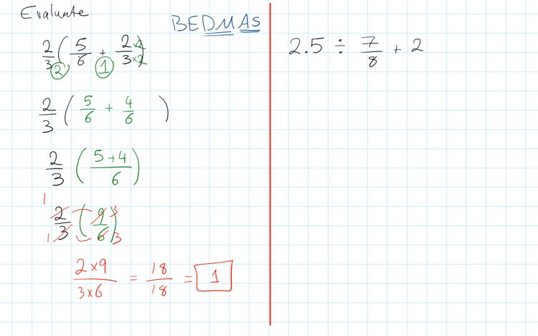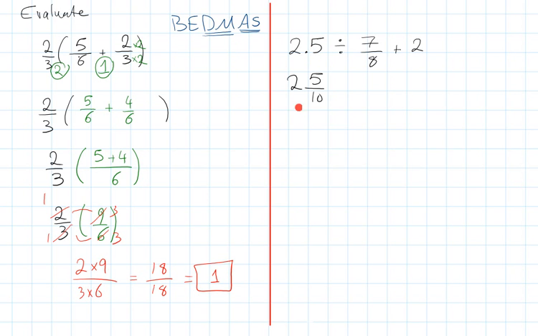So the 2.5, the easiest thing you can do is rewrite it as 2 and 5/10. That's how you would write 2.5: 2 and 5/10. Since it's only one place after the decimal, we're talking about tenths here, so you can say 5/10.